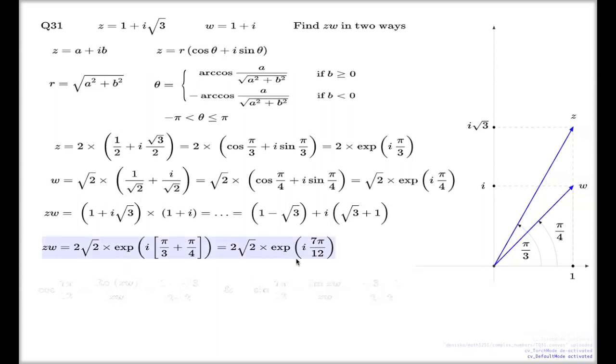If you do that, then obviously you can identify the real part with this real part and the imaginary part with this imaginary part, which means now you have a very easy way of finding the exact value for sine and cos of this special angle, 7 pi on 12.